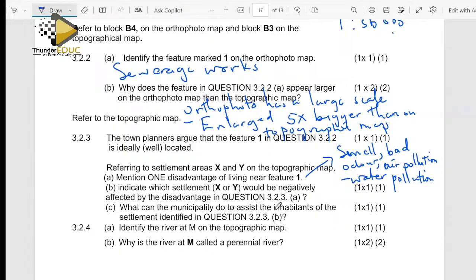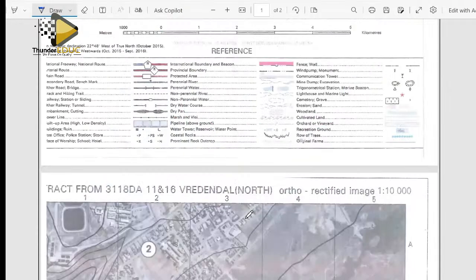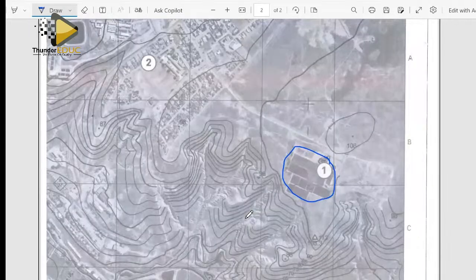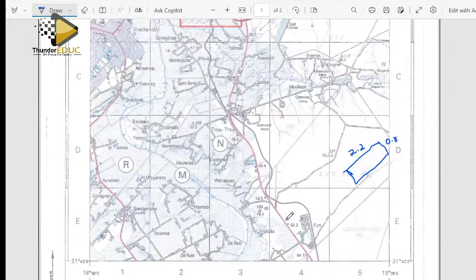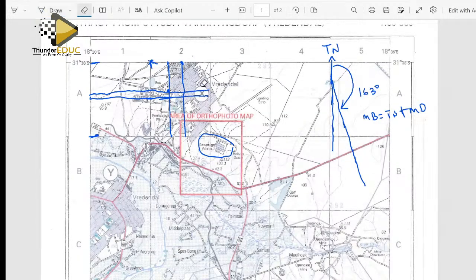Indicate which settlement, X or Y, will be negatively affected. If we check the settlements X and Y, we want to identify the one which is most likely to be affected. Between the two, we want to identify the one which will be negatively impacted. If we check our X, we find that X is somewhere here.